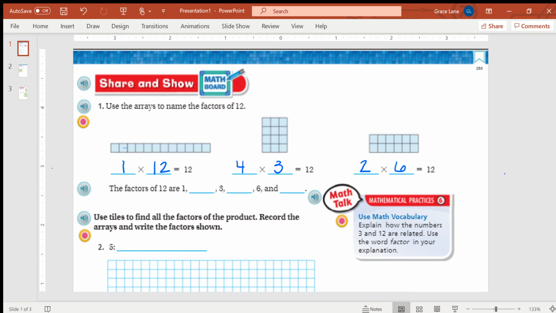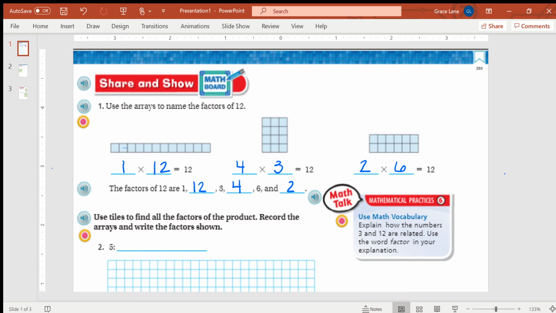The factors of 12 are 1 and 12, because 1 times 12 gave me 12, 3 and 4, because 3 times 4 is 12, and then 6 and 2. I was probably supposed to write those in order from least to greatest, but I guess it doesn't matter too much. But those are the factors of 12, and that's one way to think about factors.